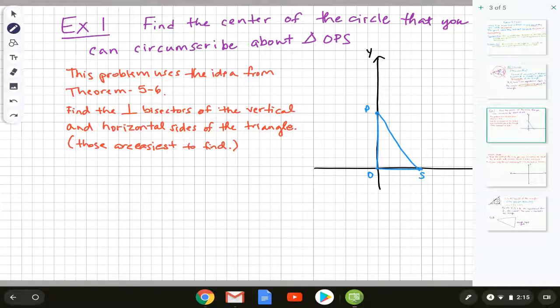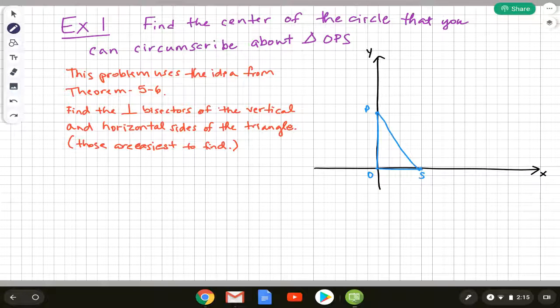So I'm going to start by drawing in the perpendicular bisectors of the vertical and horizontal sides, from O to P and from O to S, because those are the easiest places to find where it's bisected and make it perpendicular. So if I'm looking at OP, and I know P is at 6, I would go 1, 2, 3 up, and that would be bisecting the side, cutting it in half.